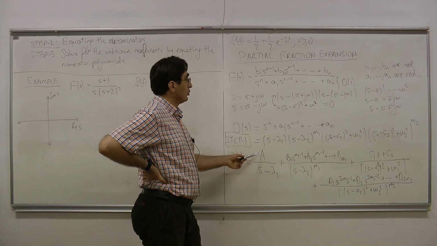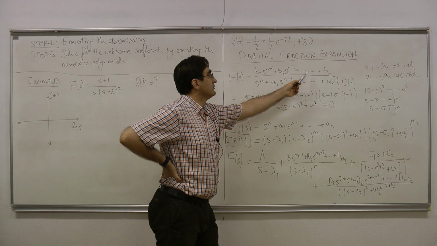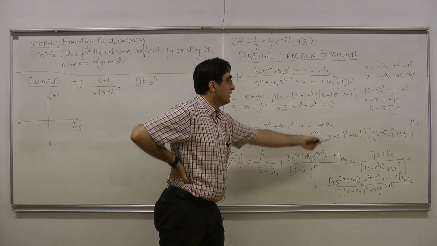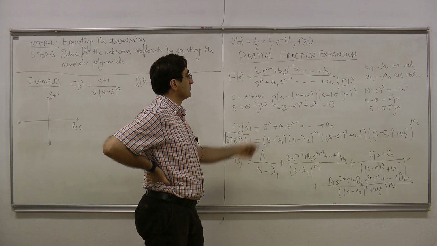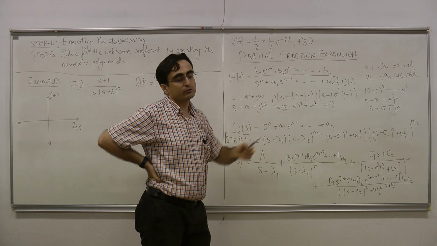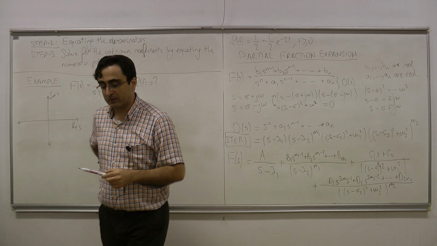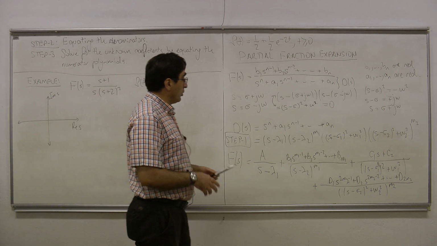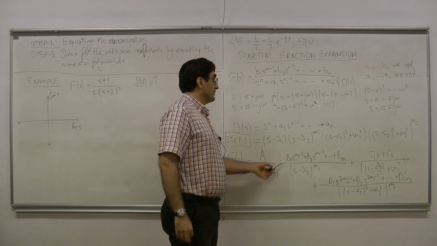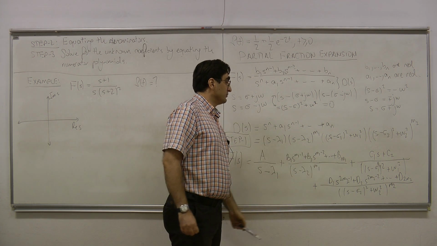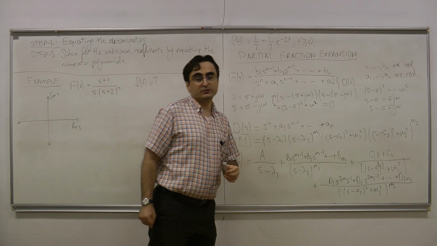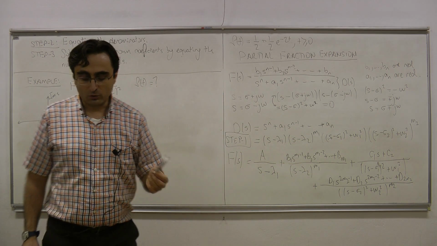A is going to depend on the numerator polynomial here, and B1, B2, B_m1, and all of these unknown coefficients will be determined by the zeros of the Laplace transformation. Okay, so the poles determine the denominators of the partial fraction expansion, and zeros determine the numerators of partial fractions, the unknown coefficients.